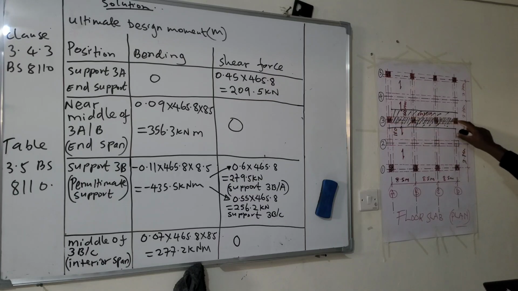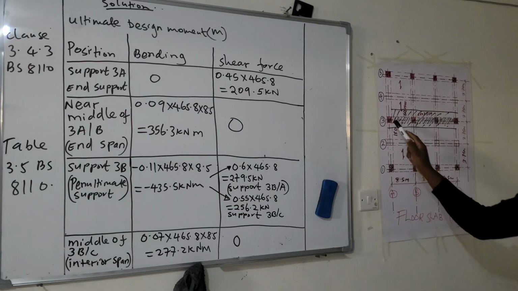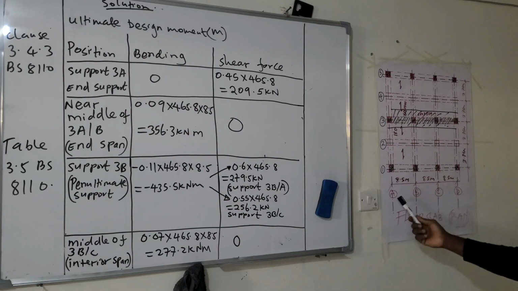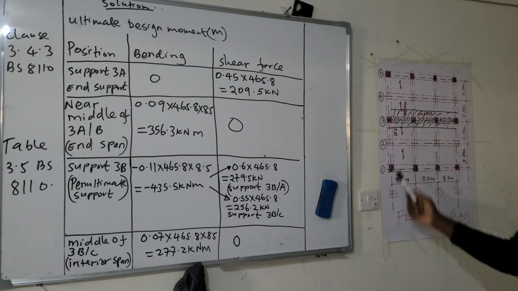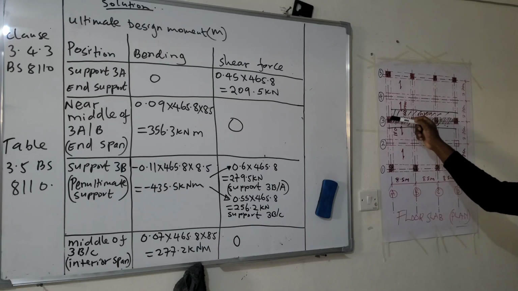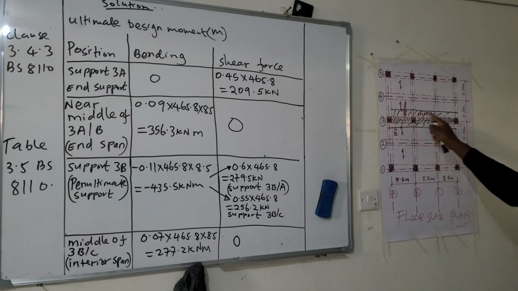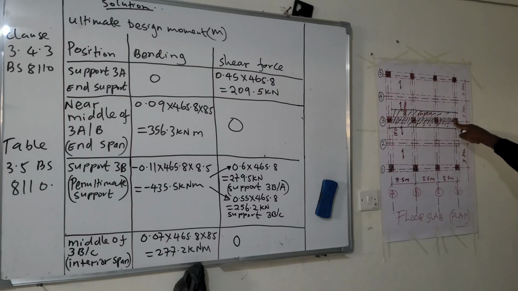this T-beam, so it means support 3A, this is the support 3A, where the 3 and A are meeting. This is the support. So this is what we call end support. So it is the same support as this one on the far end on our right hand side.